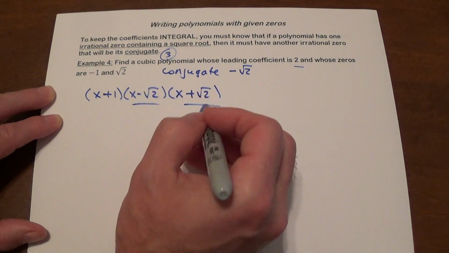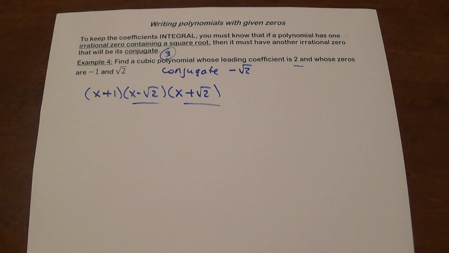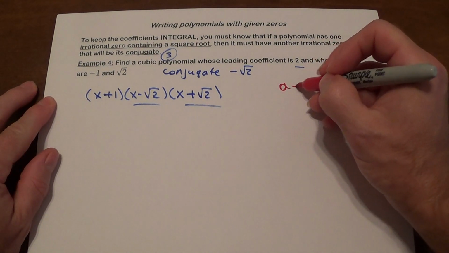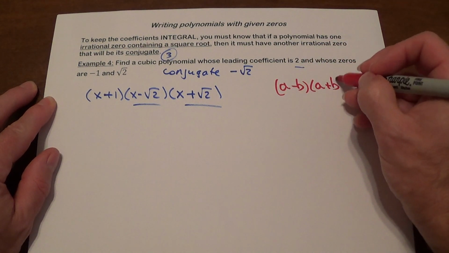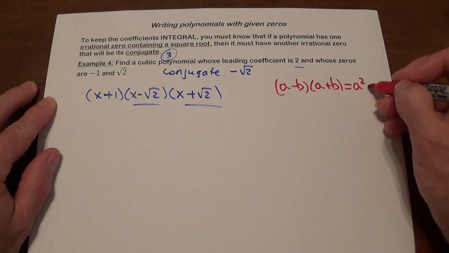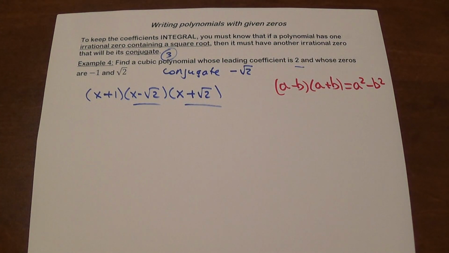You always want to multiply these two together because that's actually a difference of 2 squares. And I want to remind you really quickly that a minus b times a plus b is going to equal a squared minus b squared. That's precisely what you have here.